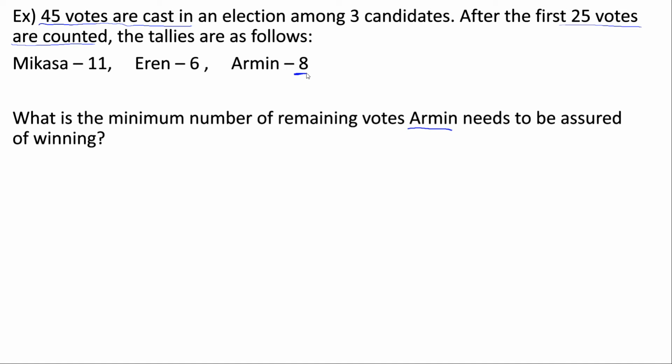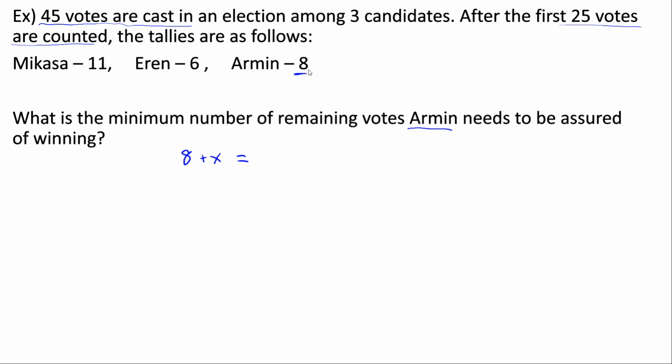Okay, so we'll start to set this up. So the first thing we need to know is the number of votes the candidate that we were asked about has. We were asked about Armin. We're told here that he has 8 votes, so we're going to put down an 8 because that's how many votes he has. So now that's plus x, which is the number needed to tie, is equal to, so now we need to see if Armin is in first place or not.